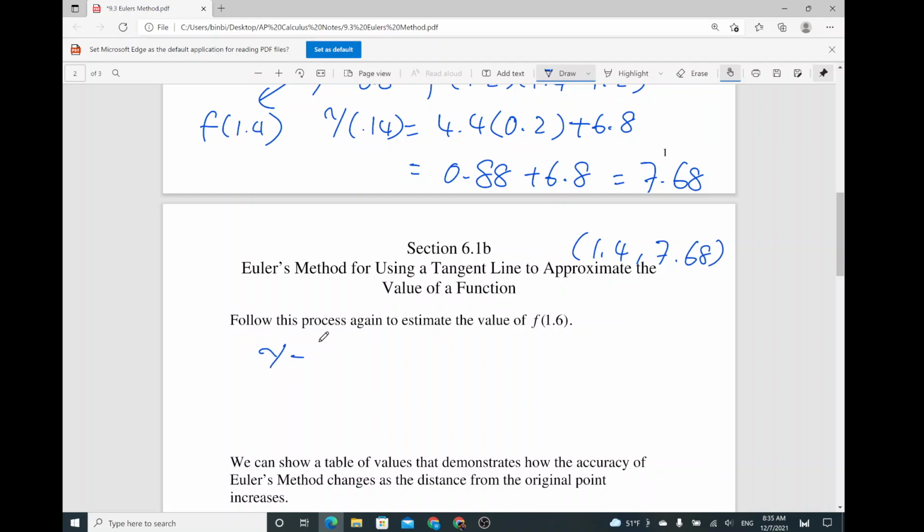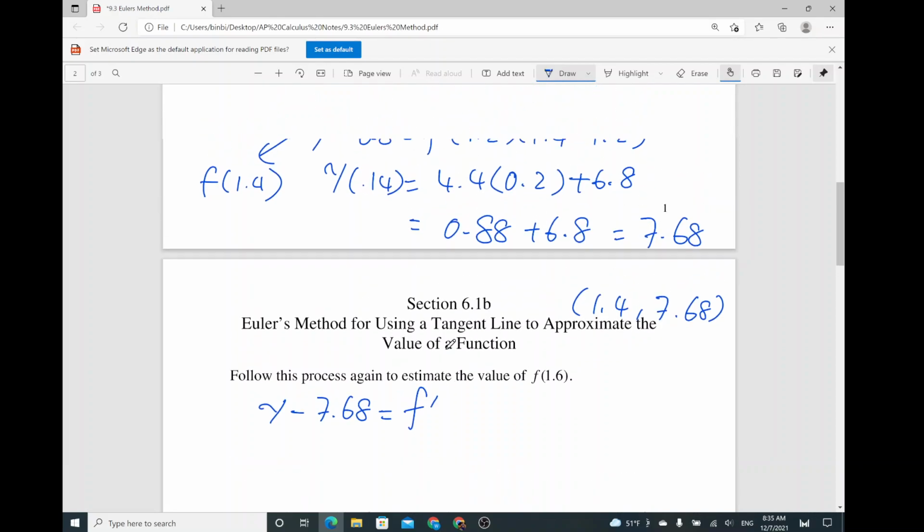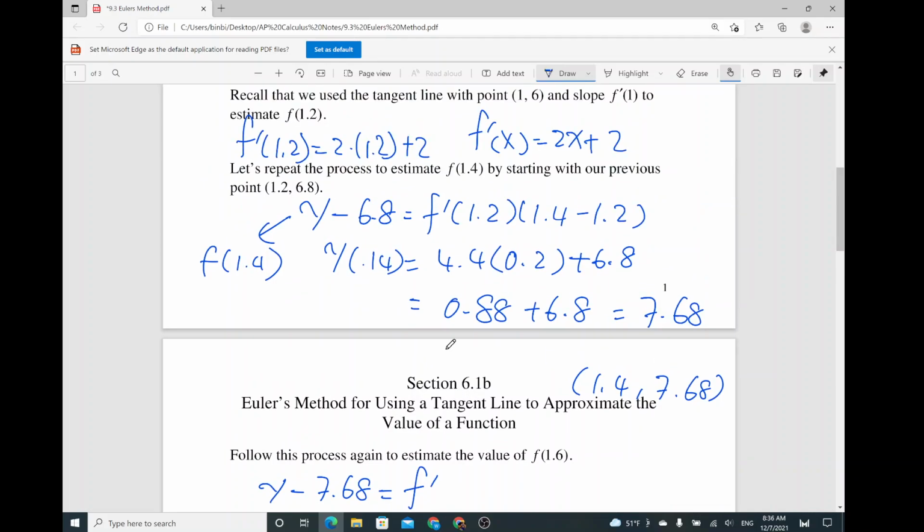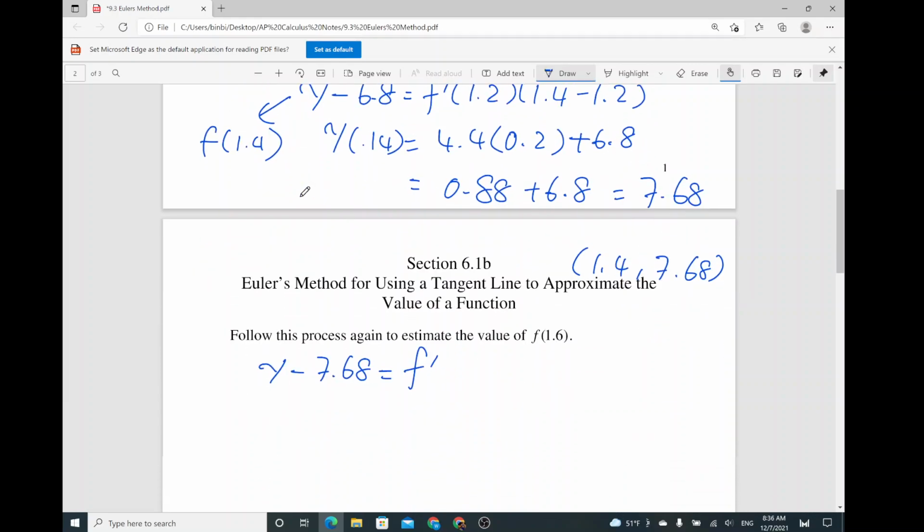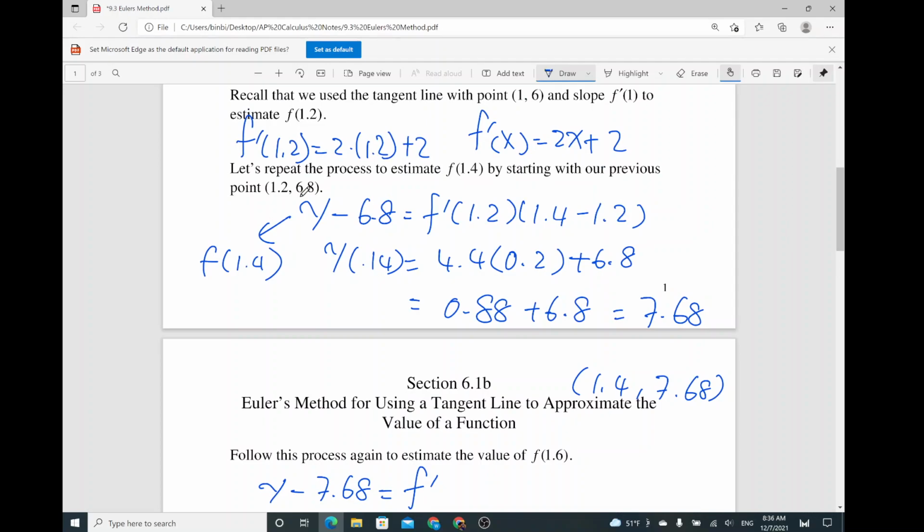So y minus 7.68 equals the slope of the previous point.